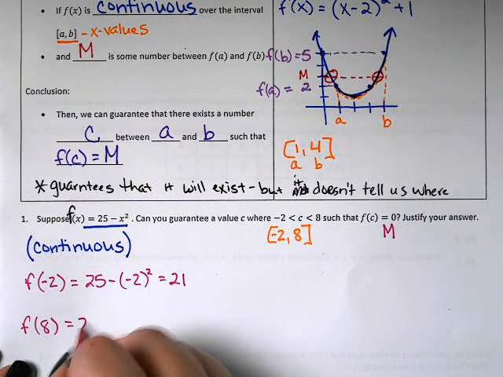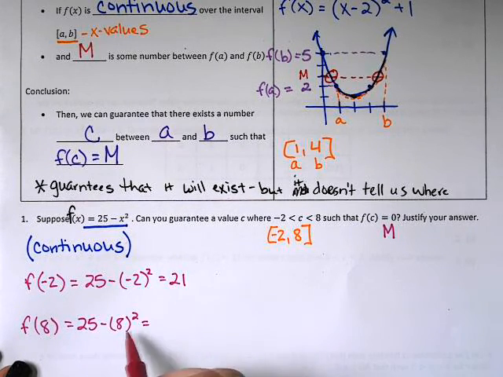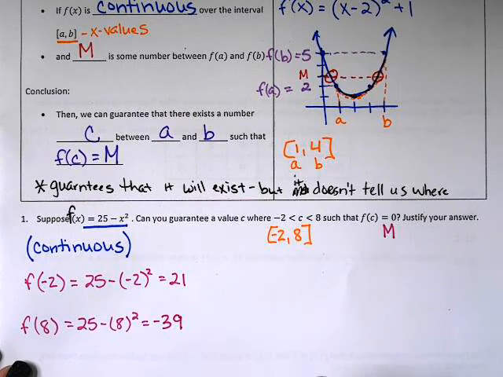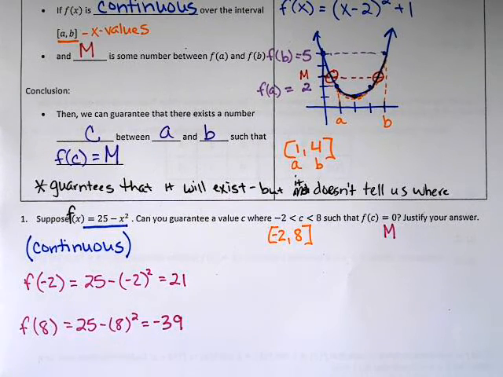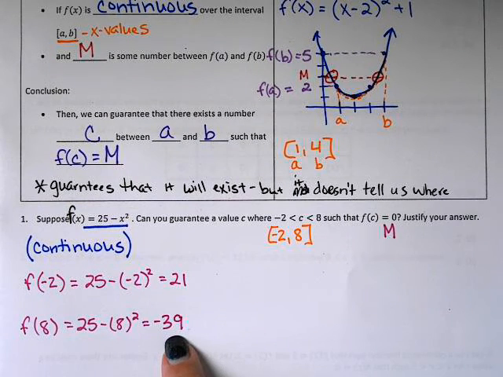And then for f of 8, we have 25 minus 8 squared. 8 squared is 64. So 25 minus 64 would give us negative 39. All right, so if we look at those two values, 21 and negative 39, this function is continuous.